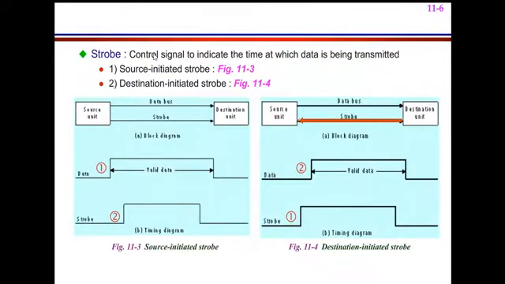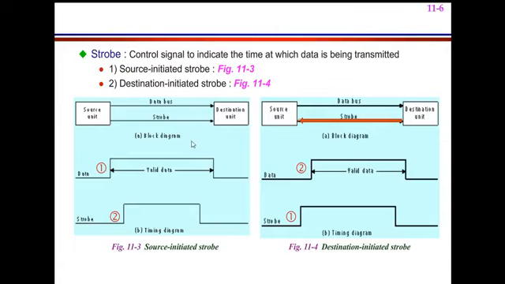With strobe, the control signals come in two different types of strobe methods. One is the source initiated strobe, and the second one is the destination initiated strobe. These are the two different control strobe methods which we follow to transmit the data.